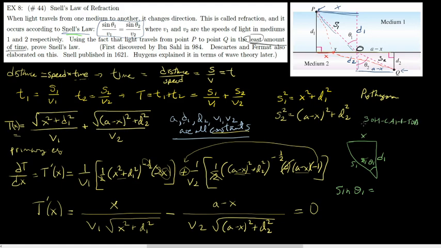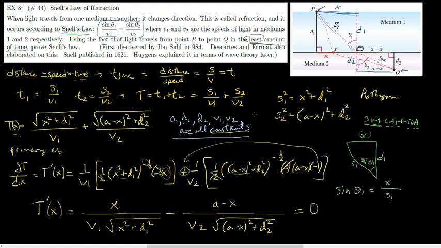Sine is opposite over hypotenuse, cosine is adjacent over hypotenuse, tangent is opposite over adjacent. But we're looking for sine. We need opposite over hypotenuse. The opposite side to this angle is x. The hypotenuse is S1. So that's the sine of theta 1.